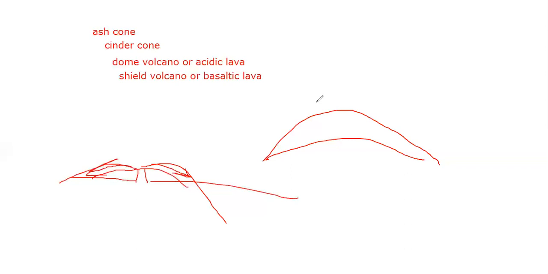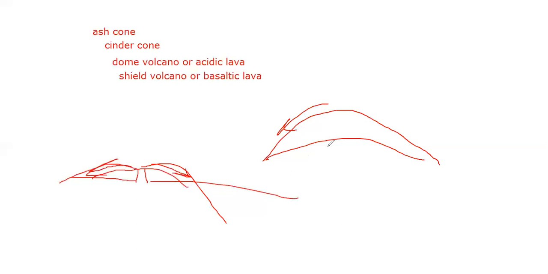Because of its low level of silica and because it is highly fluid, it would not have any time to cool on the slope of the volcano. It just runs off. Acidic lava volcanoes are also built up over years, but they normally take less time to create a steep volcano than basic lava volcanoes, right?